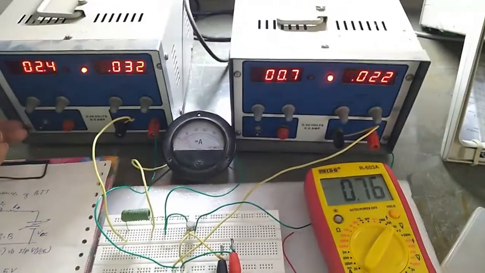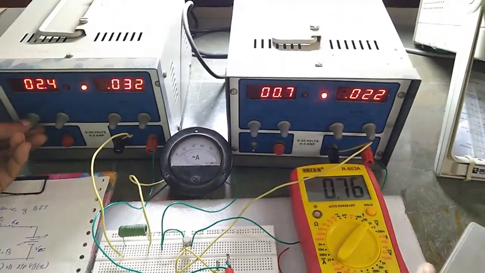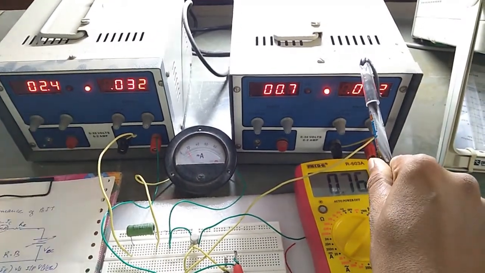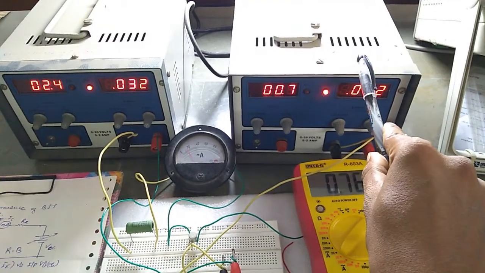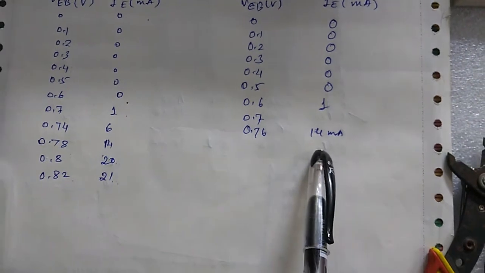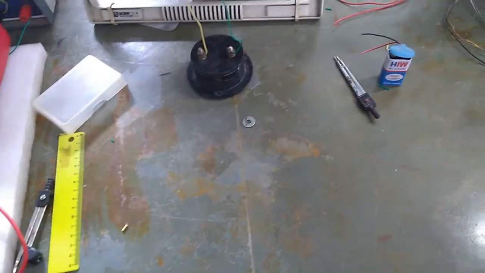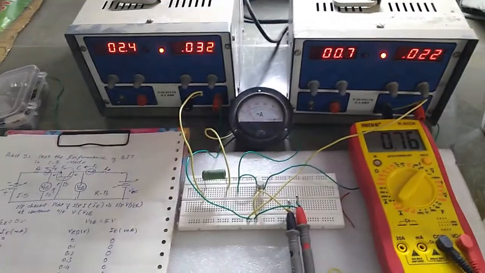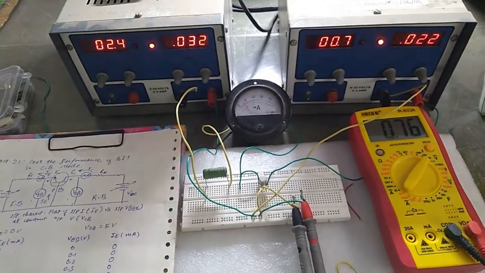Keep on increasing. Now this source is converted into a constant current source. So at very little forward bias voltage, a large current is flowing. On the meter it is showing approximately 22 milliamps at 0.76.